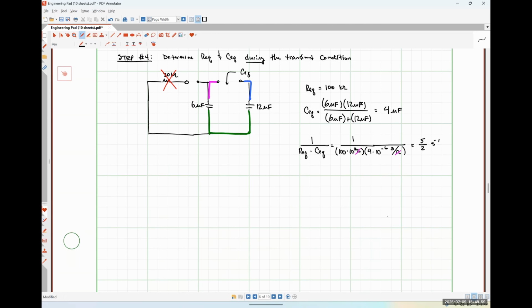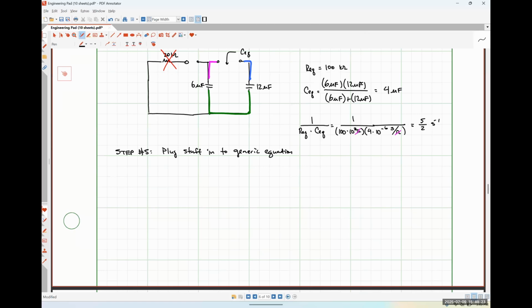Understood. Yep. So step number 5 is simply to plug stuff in to the generic equation. So I'm going to do that very quickly here.